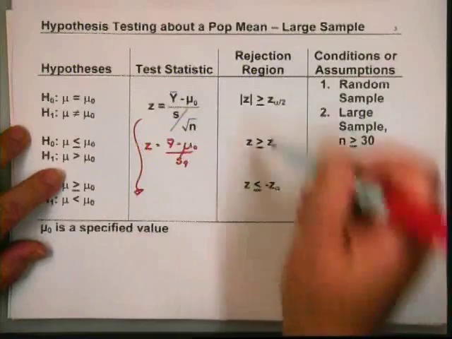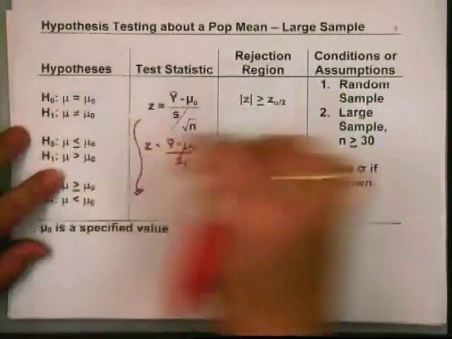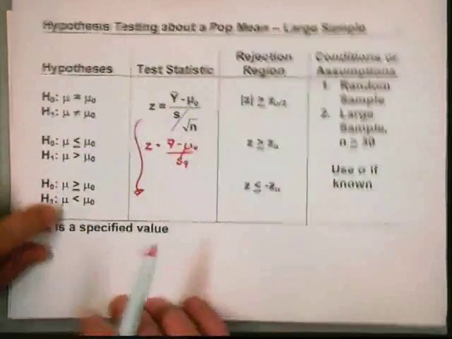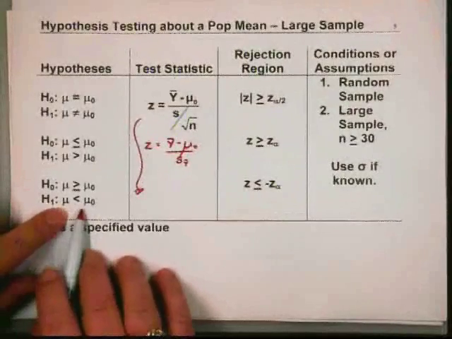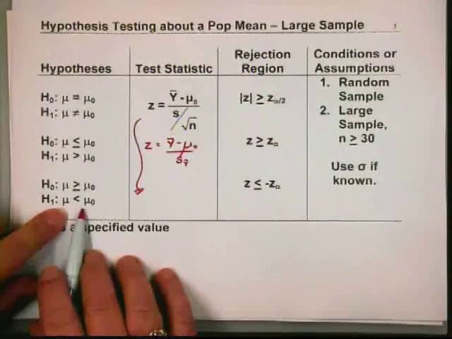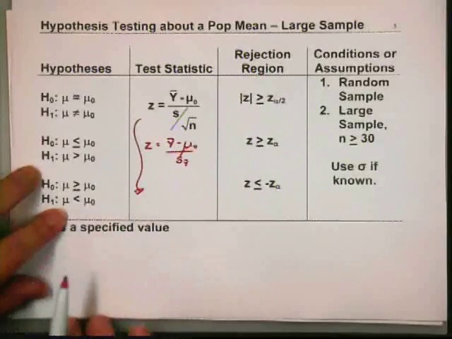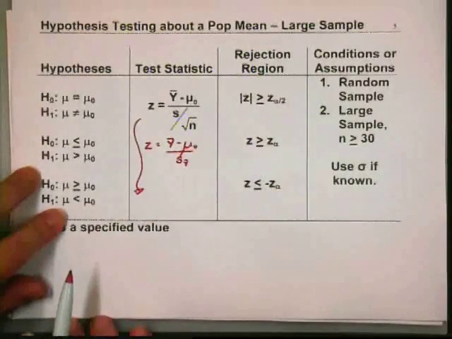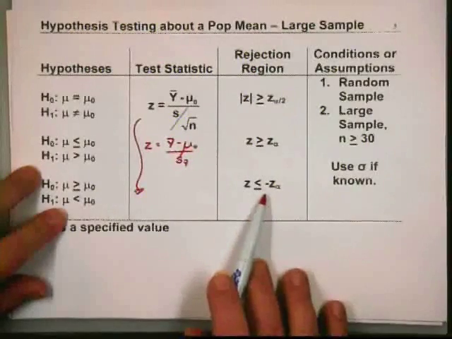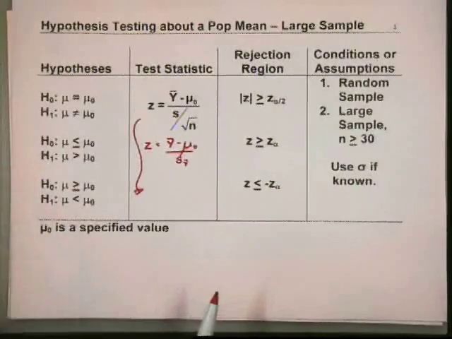So the 3 different rejection regions here line up with the hypotheses. For the left side test, if the alternative is true, y bar is going to be much smaller than mu naught, meaning that our z-score is going to be negative. And so for a z value that's very far to the left of the distribution, we're going to reject the null hypothesis.